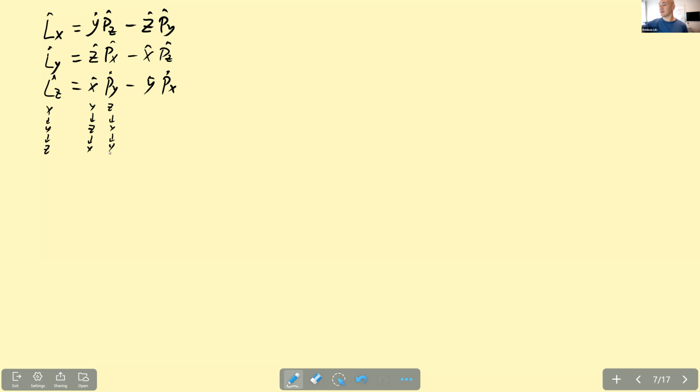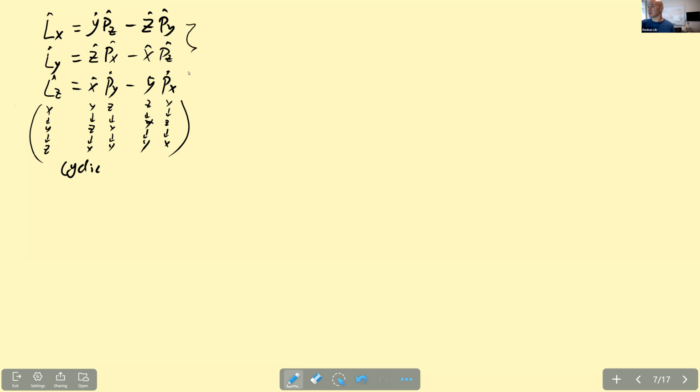So there's a cyclical rotation in the direction. If we change x to y, y to z, and z to x, you can obtain the definition of Ly from Lx and Lz from Ly, right?